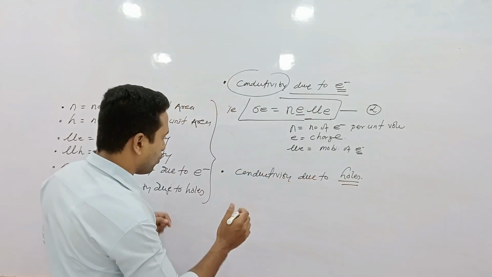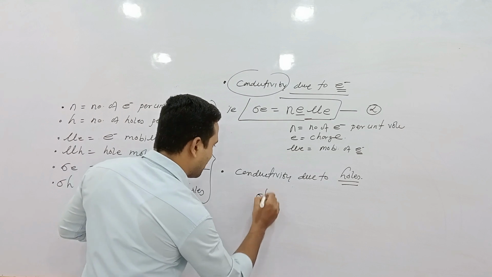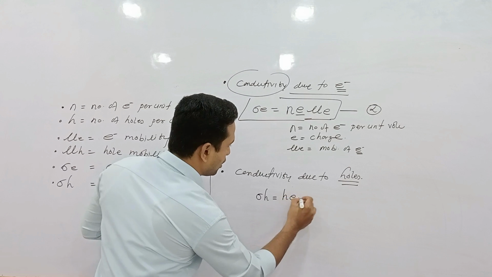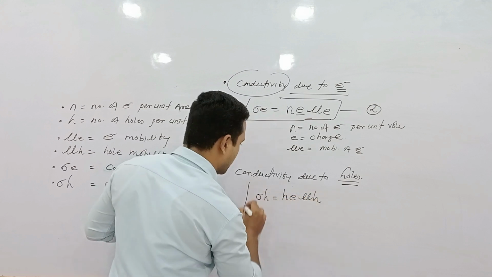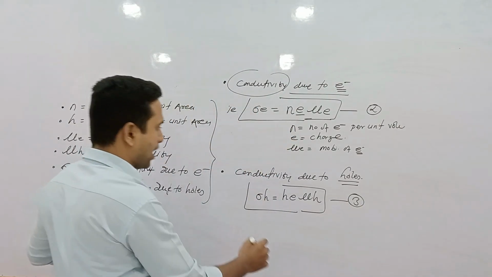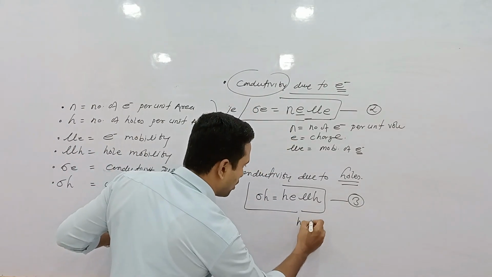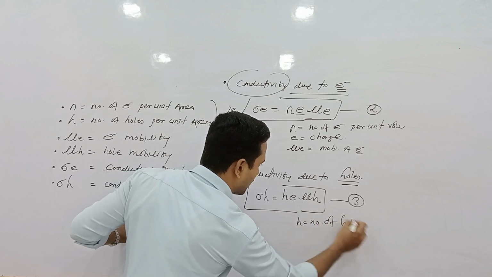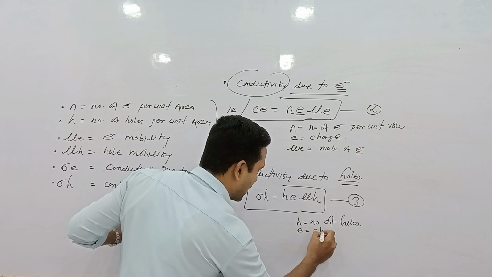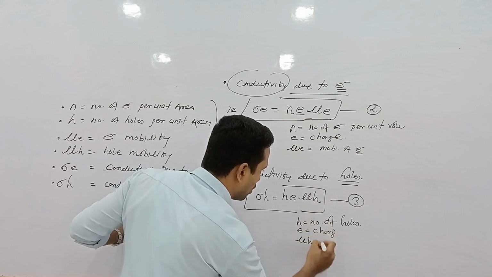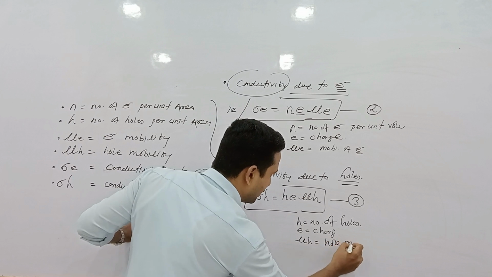Then the conductivity due to the holes is given as sigma h is equal to h e mu h, right? We consider this equation number 3. In this case, h is the number of holes, e is the charge and mu h is the hole mobility.